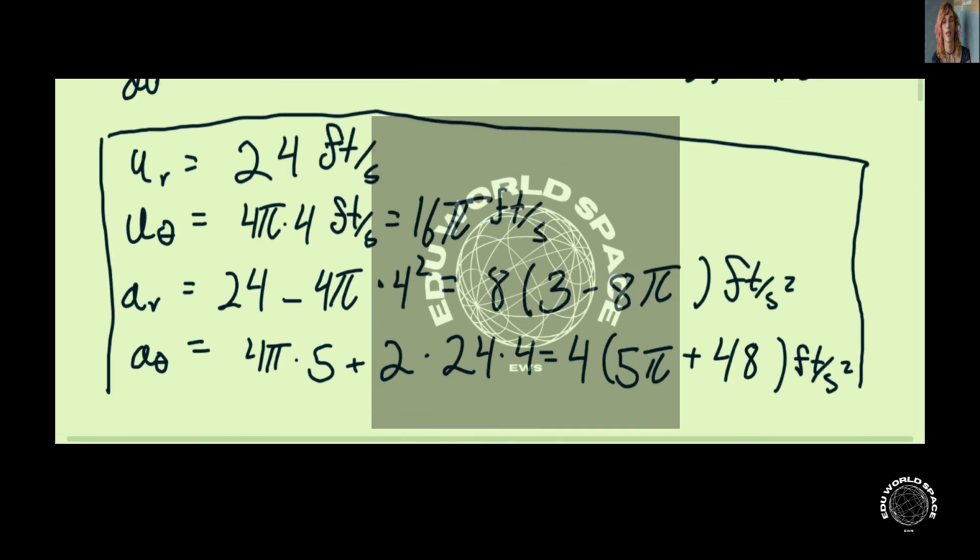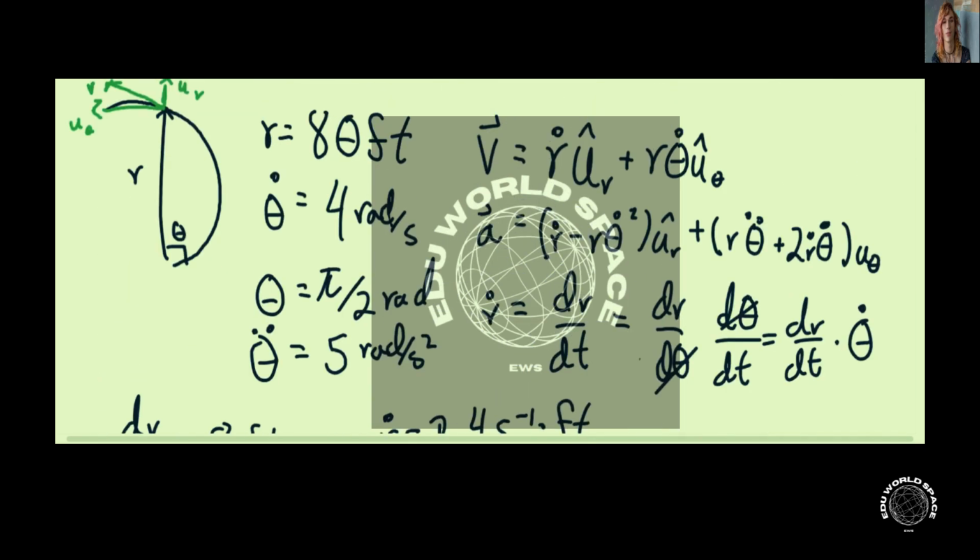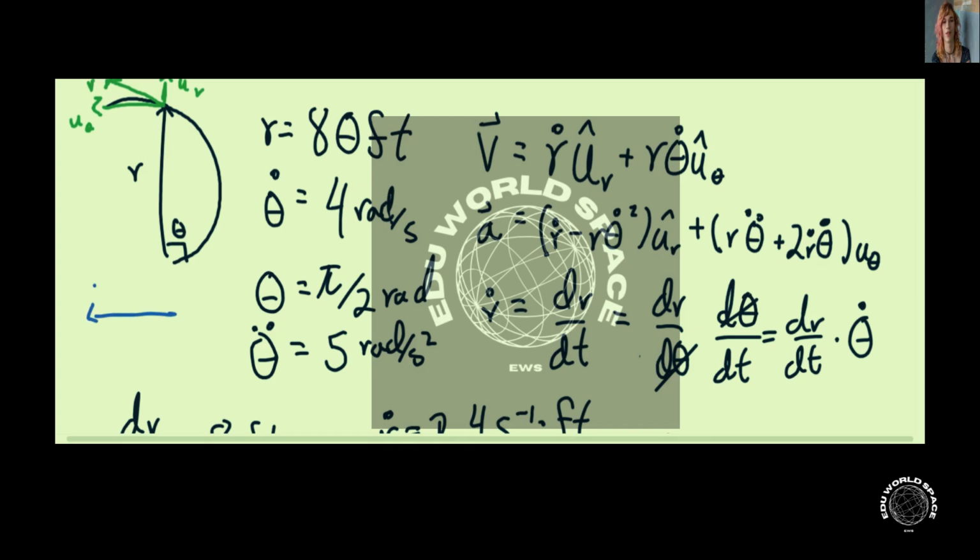The radial component is going to be negative, so it's going to be pointing inward, and this is going to be positive, so it's going to be pointing that way. So that'll be something like that, a theta, this for a r, and that for a in total.